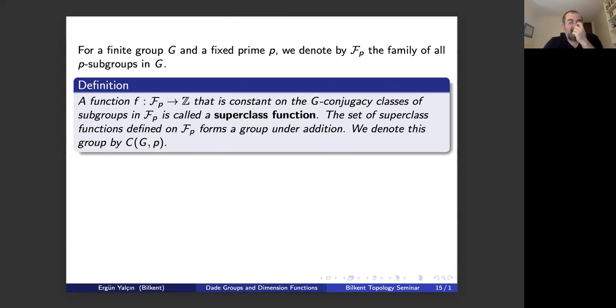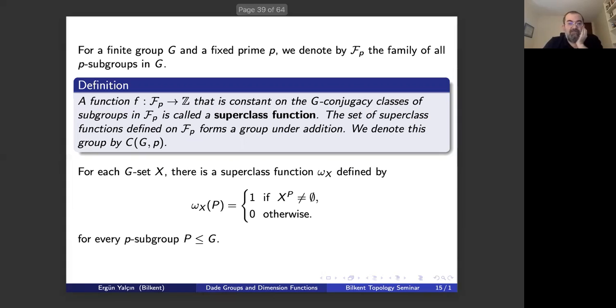You define a function which gives you an integer to every p subgroup in such a way that the conjugate subgroups have the same value. These things are called class functions or superclass functions, and they form an abelian group. And this is actually dual to some Burnside group, a relative Burnside ring group or something. So as a group, it's the dual group of the Burnside group relative to p subgroups.